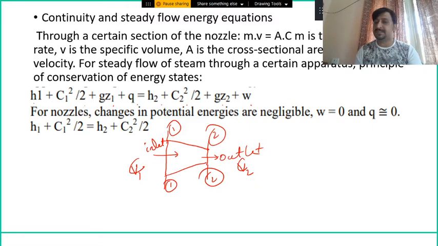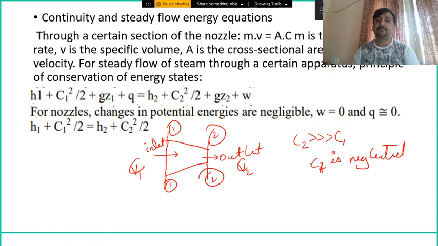The inlet velocity is less, and we increase the outlet velocity further. So we can say that c2 is far greater than c1. Strictly it is not correct, but for an ideal frictionless flow we say that c1 is neglected compared to c2.